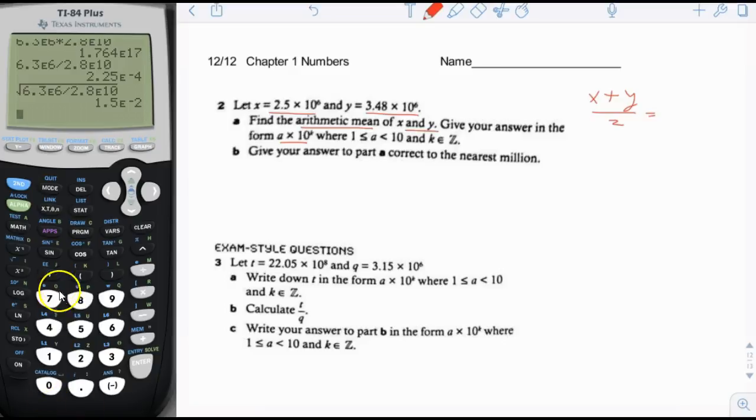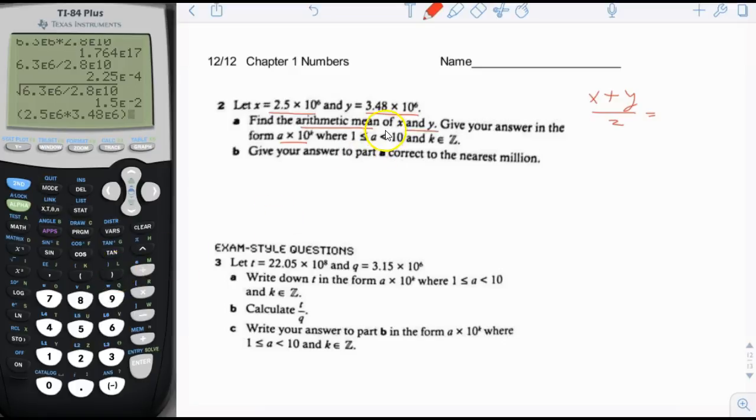So let's do that. We're going to take 2.5 times 10 to the 6, which is written 2.5 EE 6. And then we're going to multiply that times 3.48 times 10 to the 6, 3.48 EE 6.